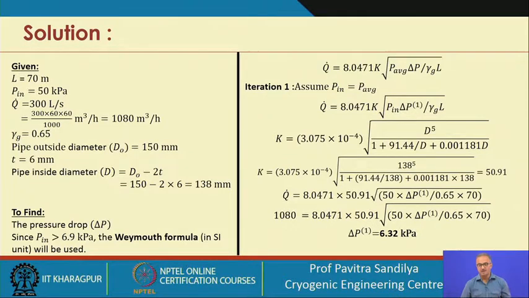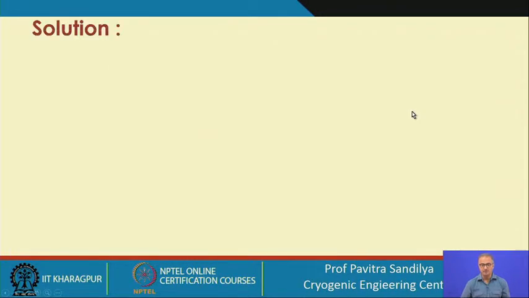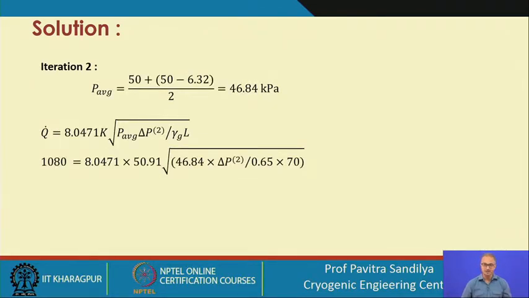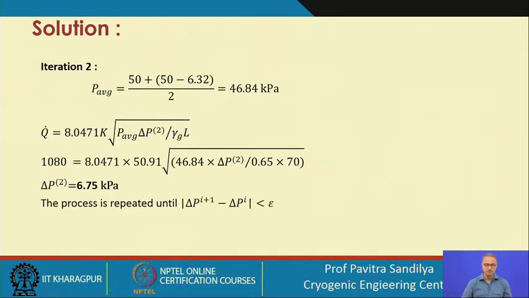Now, with that P outlet, again we calculate the P average, and again we find the value of delta P, and that is how we keep doing these iterations and keep improving the values of the pressure drop.